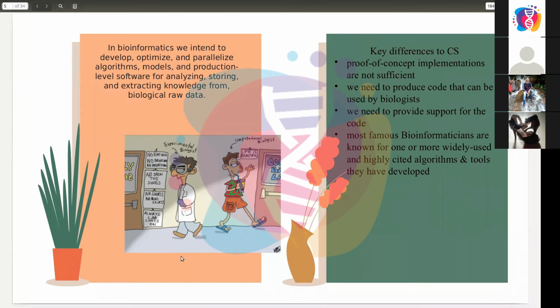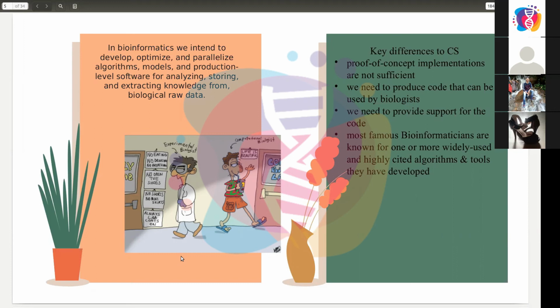Now, there are a lot of parallels between computer science and bioinformatics. The basic difference is that proof of concept implementations are not sufficient in bioinformatics. You can't just have a proof of concept and say this is how it might work. In bioinformatics, you have to walk your walk, right?